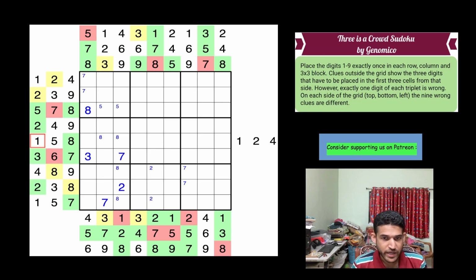Oh, 5 has to be in these 3 cells because 5 is right here. 5 has to be here. That's not giving me much.